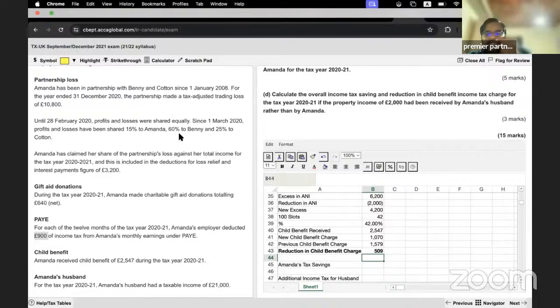Right. So by this 509, Amanda's tax will be reduced. Am I correct? Right. But is that all? Is it only this 509 that is going to save Amanda's income now?